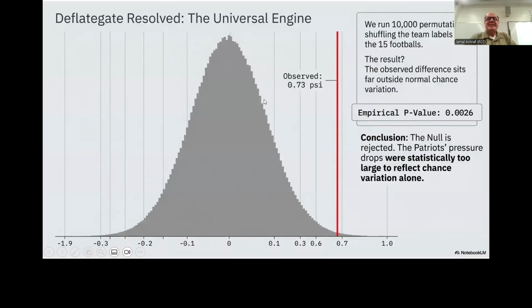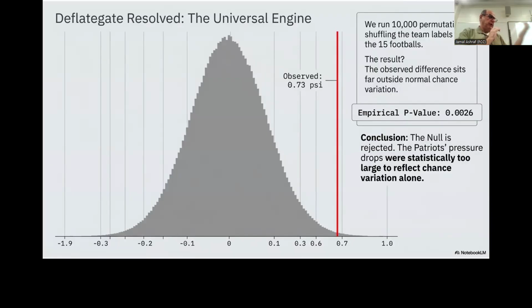So when we did that 10,000 times for 15 footballs, the p-value was 0.0026, very, very close to zero. That means the average generally is next to zero.